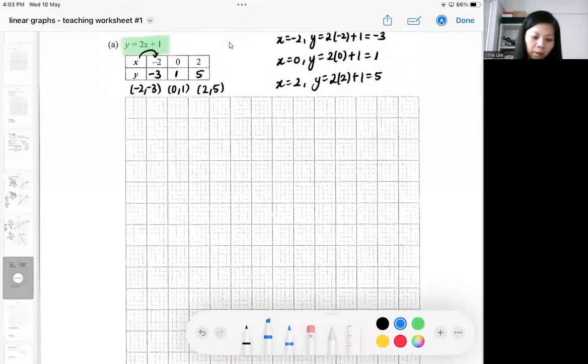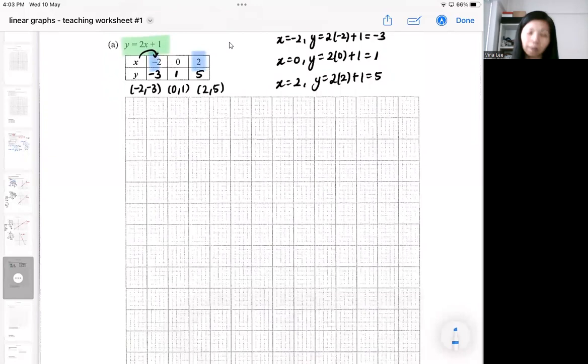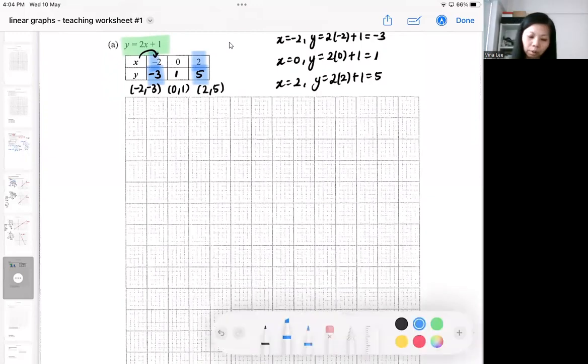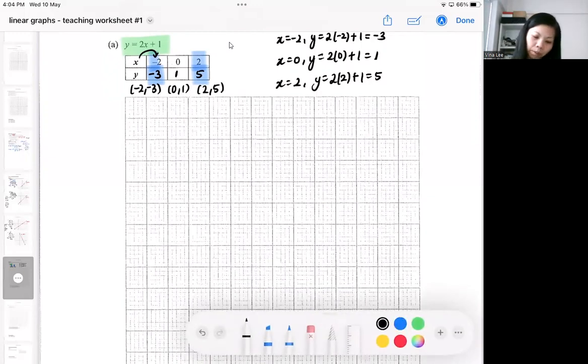This is the smallest x, this is the biggest x. I must make sure my horizontal has enough to cover -2, -1, 0, 1, and 2. And here, this one is the -3 and 5. It's the vertical, so you must make sure it covers -3 to 5.